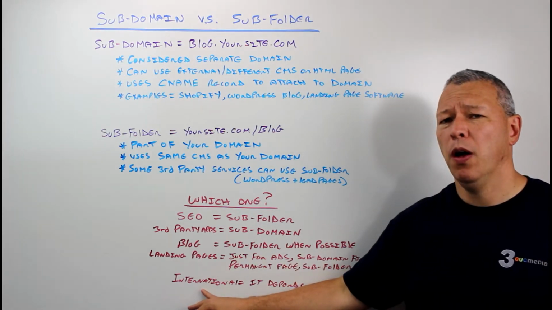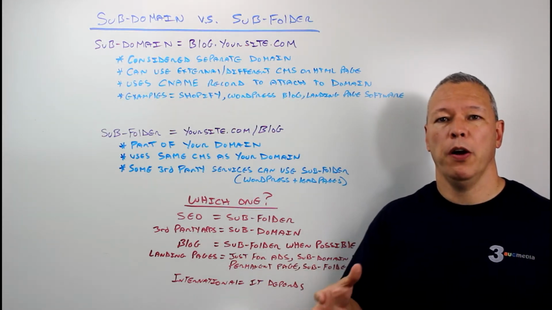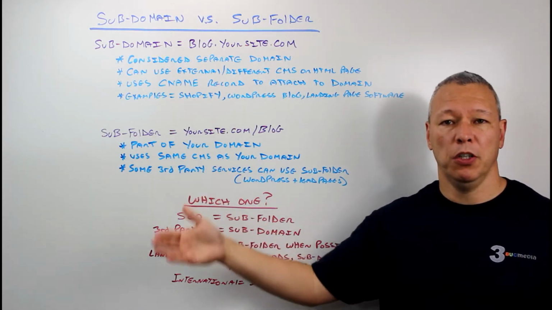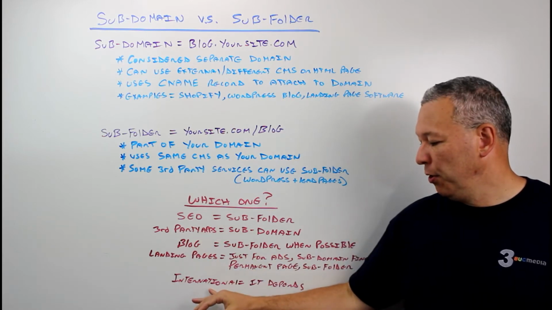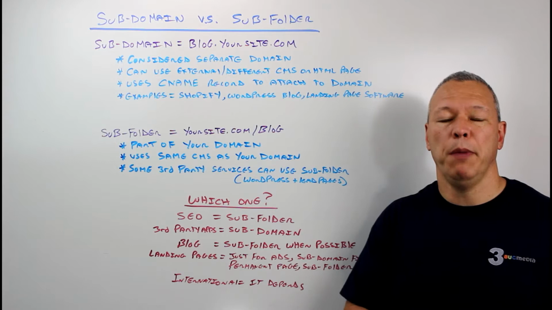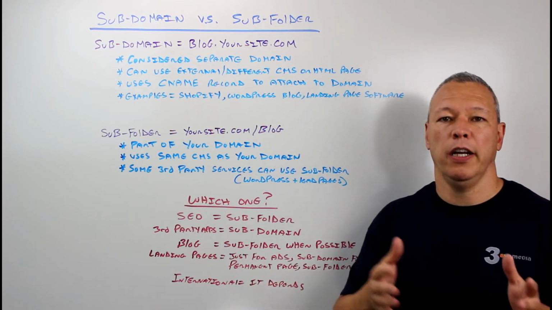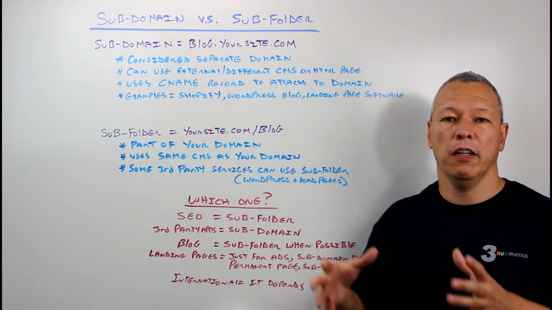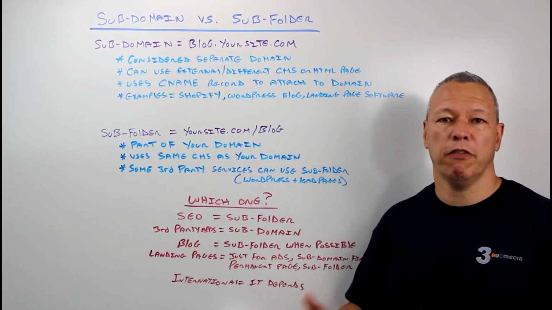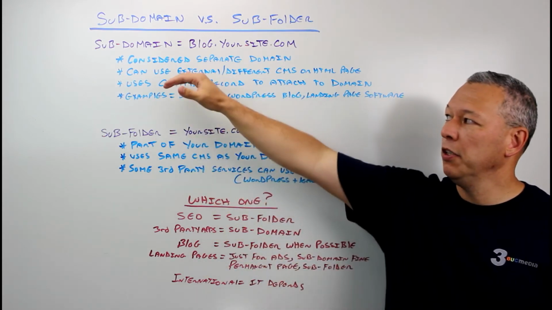Another example would be international pages. So if you have a business where you're dealing with multiple countries, then you may have an option where you're going to use a subfolder or a subdomain. Subdomain would be really if it's very substantial, the site. So say you're targeting France and you need a website entirely in French and you need French currency and you need everything French, then you're probably going to use a subdomain.